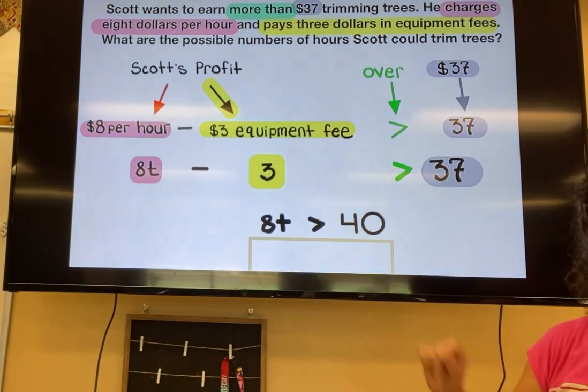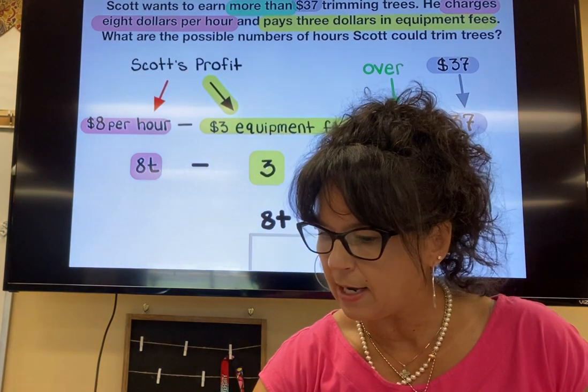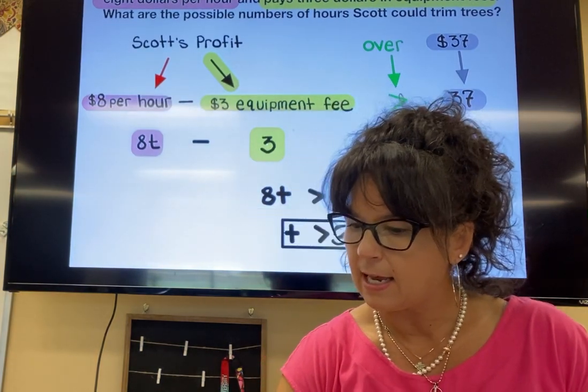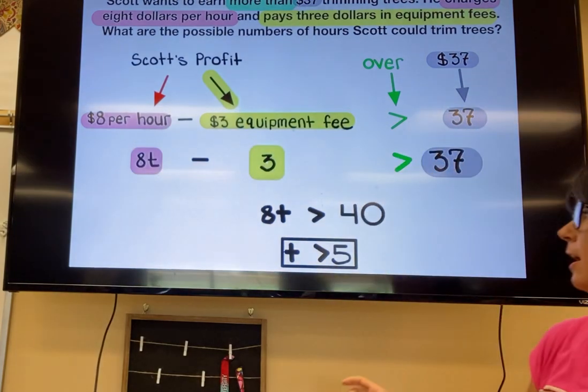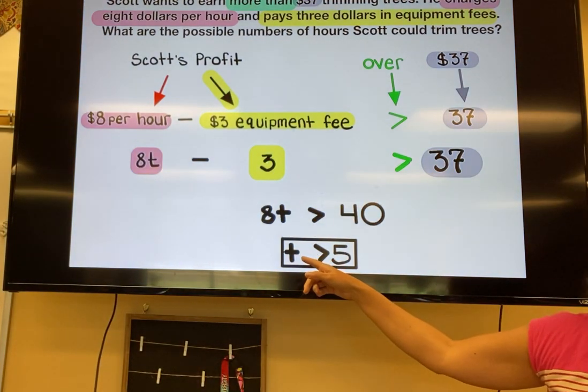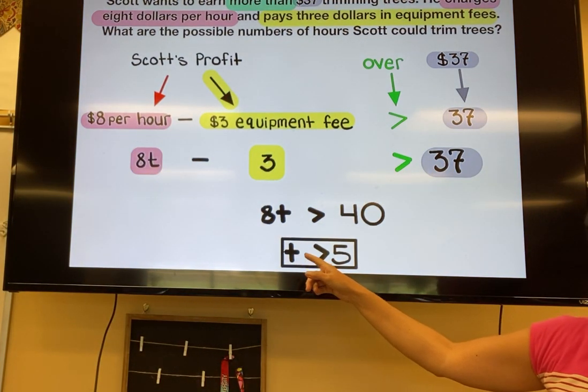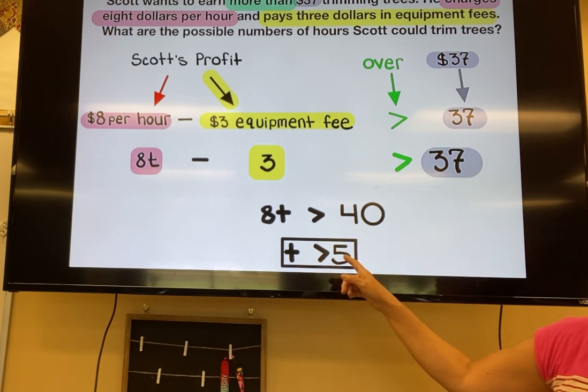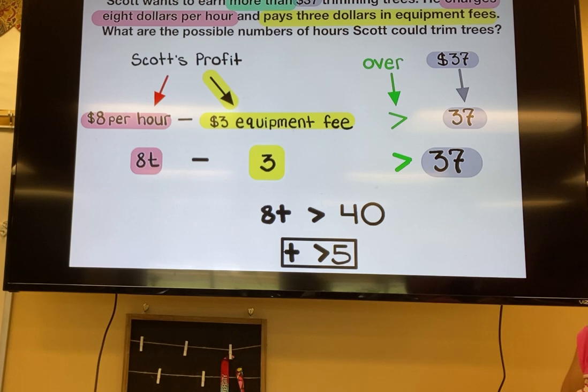Then get rid of multiply by 8, so divide both sides by 8, and I end up with 5. So the amount of time that he's going to spend trimming trees is going to be greater than 5 hours, so that he makes more than $37.